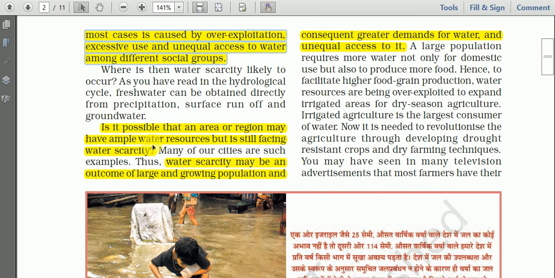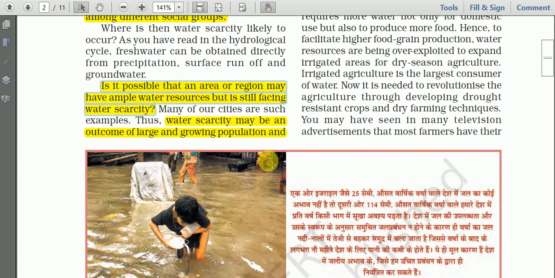So one signpost question, let us discuss it. Is it possible that an area or region may have ample water resources but is still facing water scarcity? Let us read again.